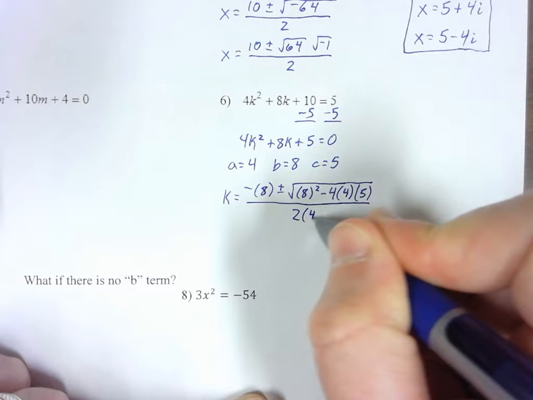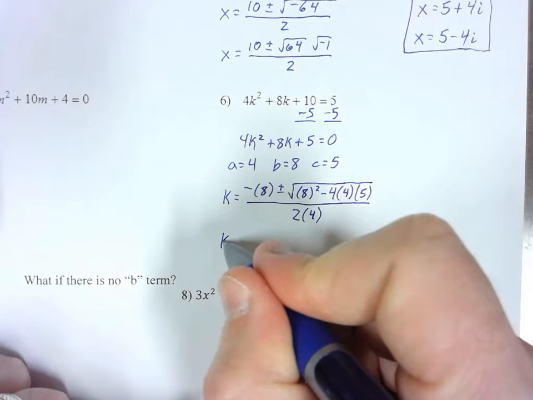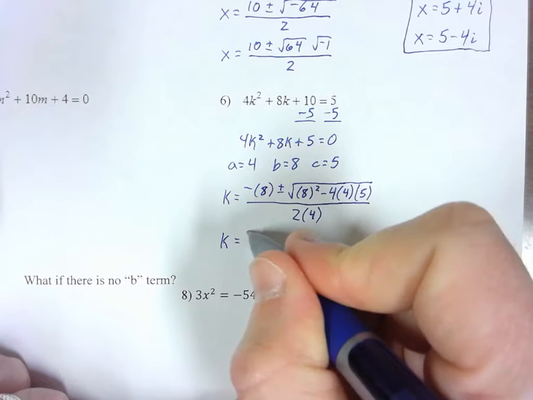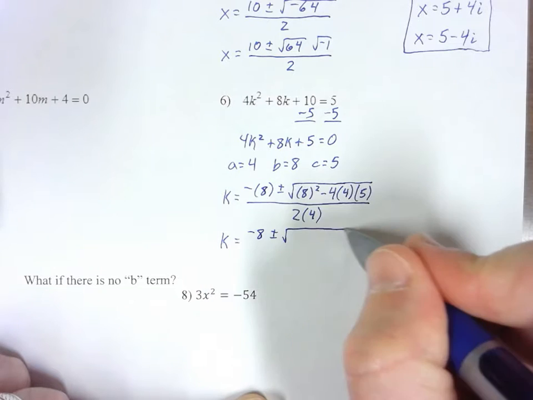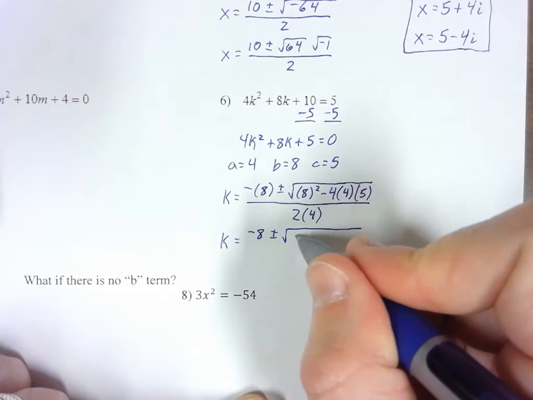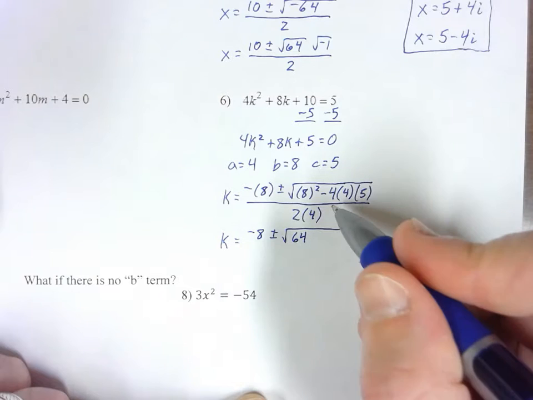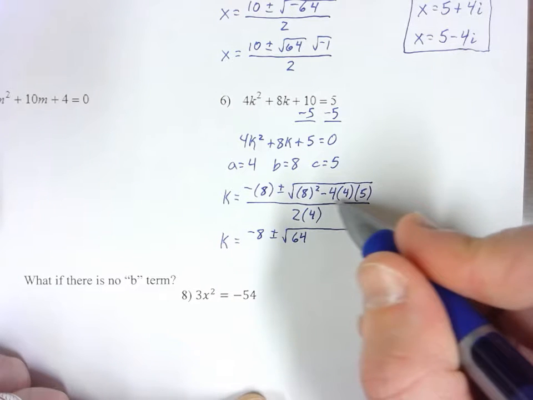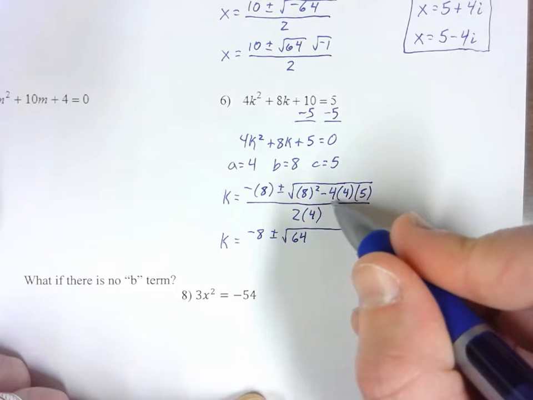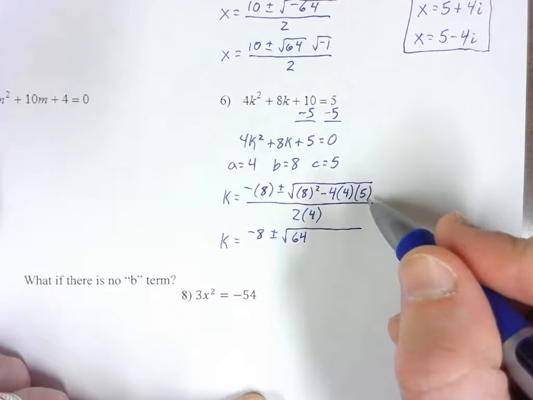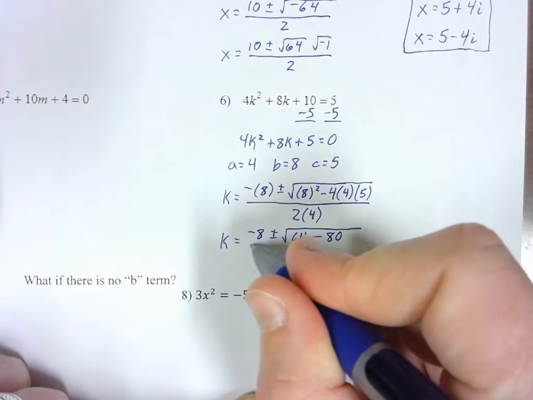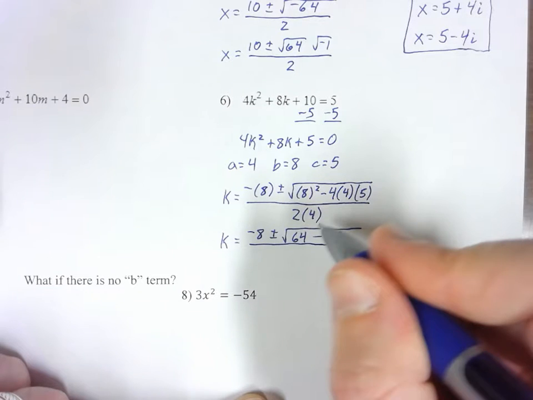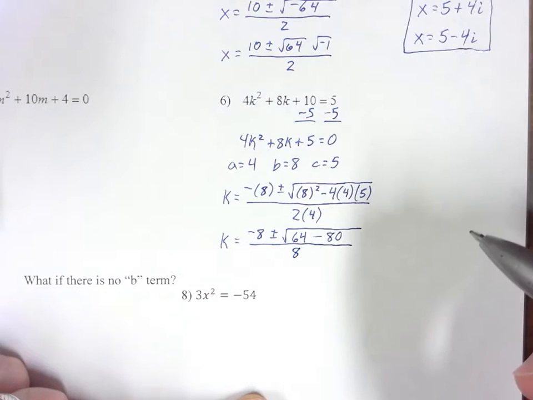Now to simplify, the opposite of 8 is negative 8. Square root 8 squared is 64. 4 times 4 is 16, or negative 16. Negative 16 times 5 is negative 80. 2 times 4 is 8. I'm going to go to the next column.